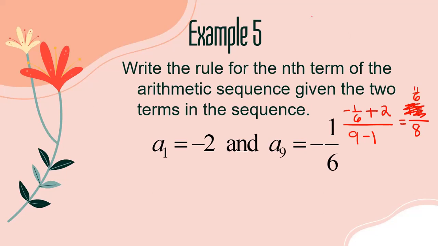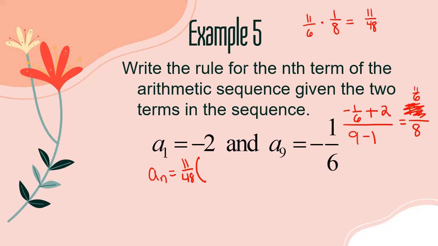Well, 11/6 divided by 8 is the same as 11/6 multiplying by 1/8. So I got 11/48 for a slope.